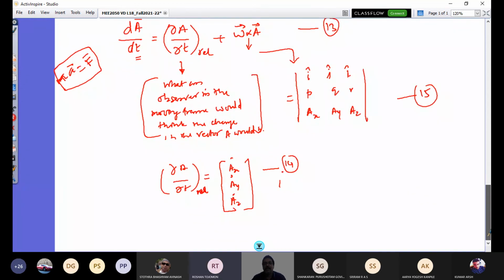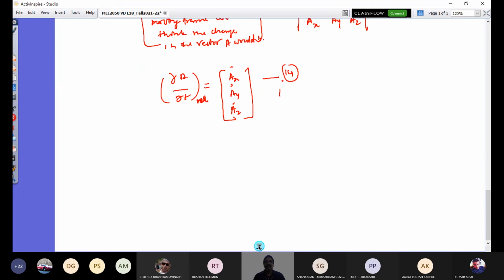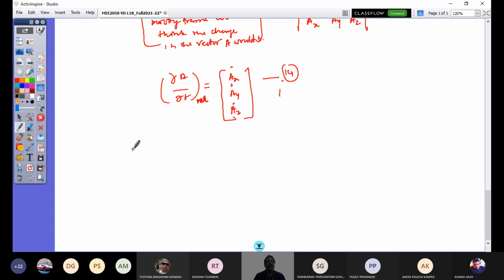Yes, sir. Yeah. So continuing with this definition of the absolute derivative of vector A, I require these two terms to be added together. That's equation 14 plus equation 15 together. I'll get equation 16. So what is my equation 16? I'm going to write it like that, and that is the template for me to further write the equation quickly.